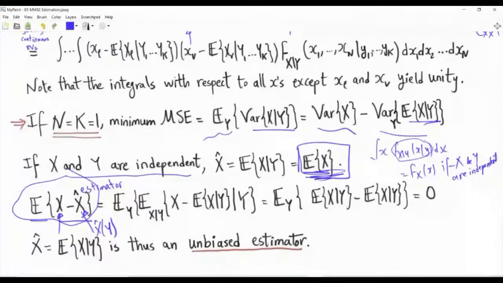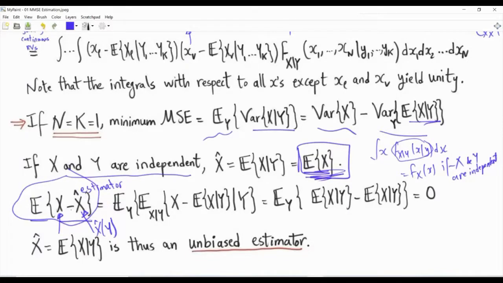If you see an expectation like this, with no subscript and random variables inside, it means it's an expectation with respect to every random variable inside the expectation. So it means you take expectation with respect to x and with respect to y. You take expectation with respect to every randomness inside the expectation.